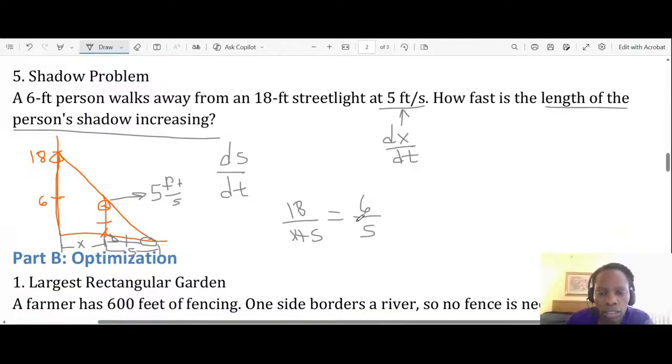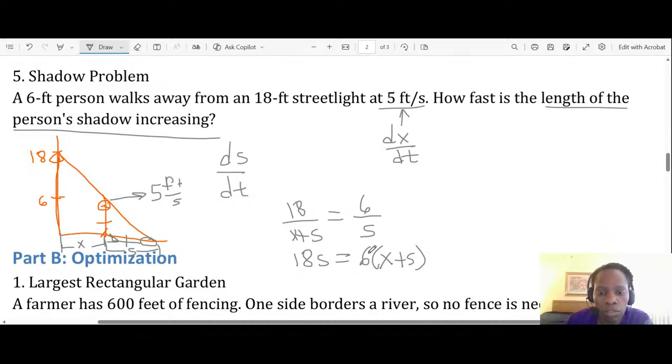And we really want to find out this s. We can say 18s is equal to 6 times x plus s.